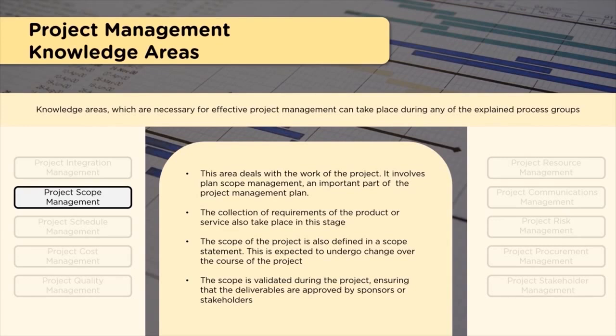The collection of requirements of the product or service also takes place in this stage. The scope of the project is also defined in the scope statement. This is expected to undergo change over the course of the project. The scope is validated during the project, ensuring that the deliverables are approved by sponsors or stakeholders.